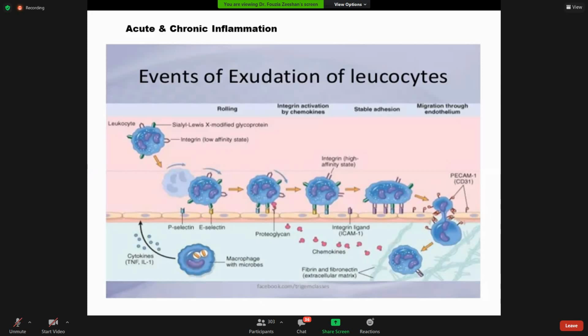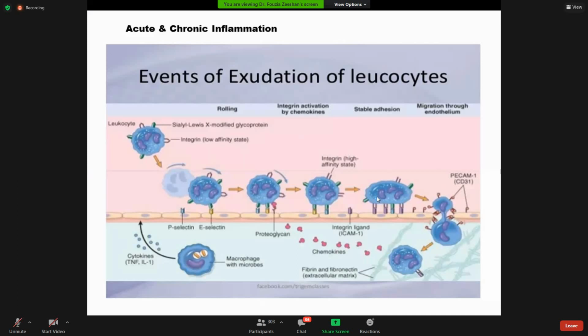After rolling along the endothelial linings, they move through the interendothelial gaps and escape out of the vessels. This is the vessel, right? This is the rolling mechanism.